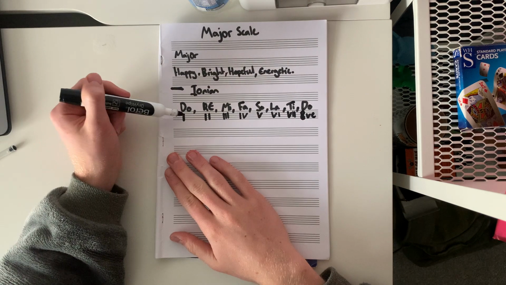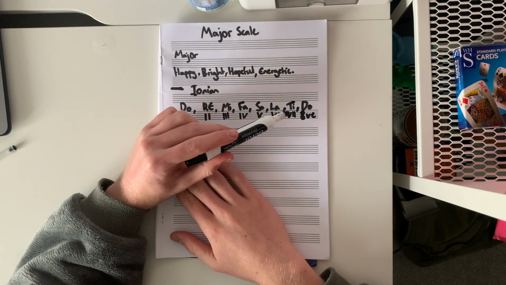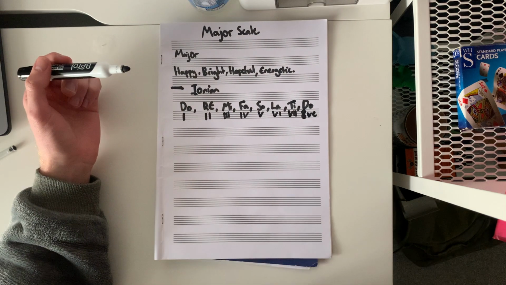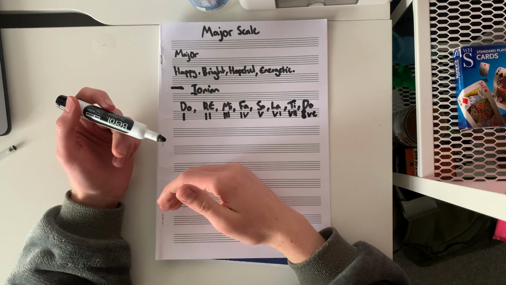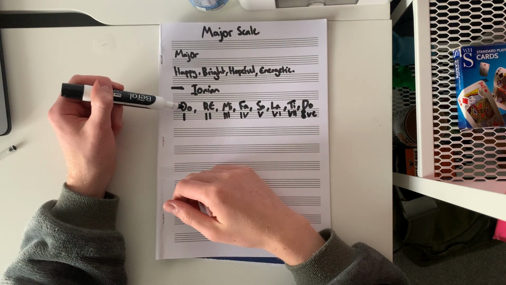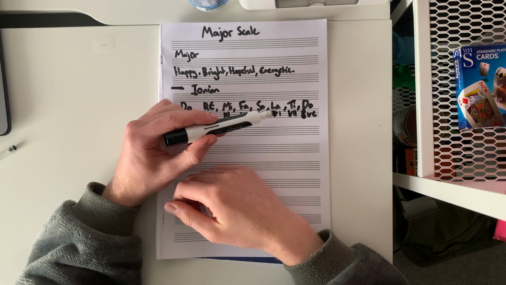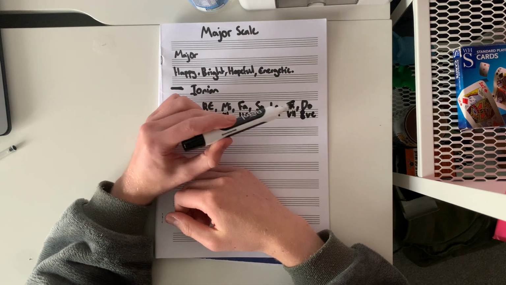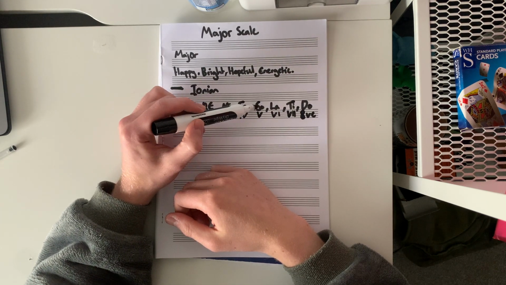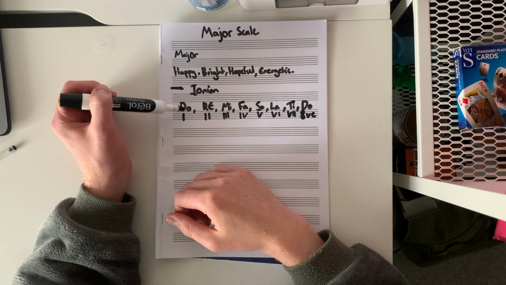So we start do, re, mi, fa, so, la, ti, do, and that is a way we can attach different sounds to the major scale. Do, re, mi, fa, so, la, ti, do, do, ti, la, so, fa, mi, re, do.